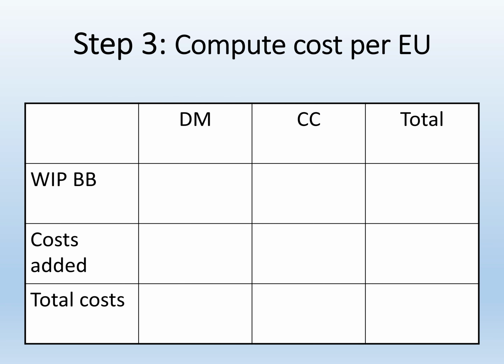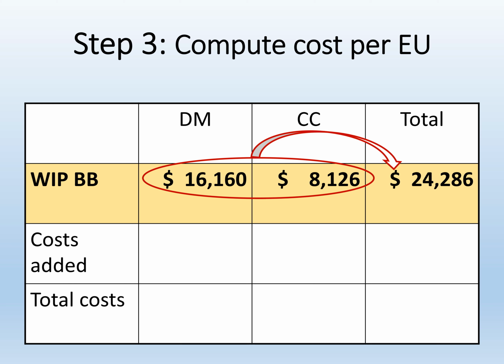Let's go from what we do know to what we don't know. We were just told the dollar value of the materials and the conversion costs in the work in process beginning balance. We can add those amounts up to find the dollar value of the work in process beginning balance.